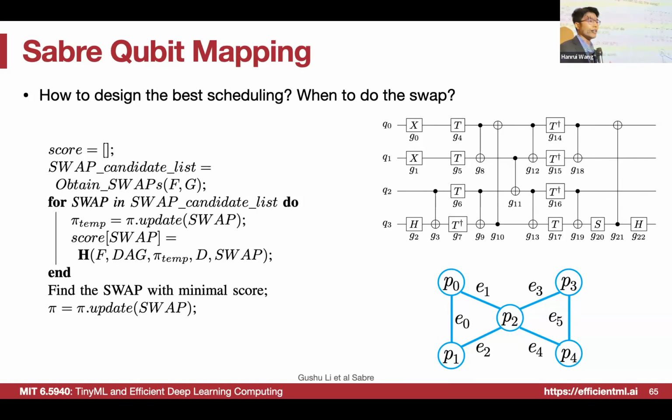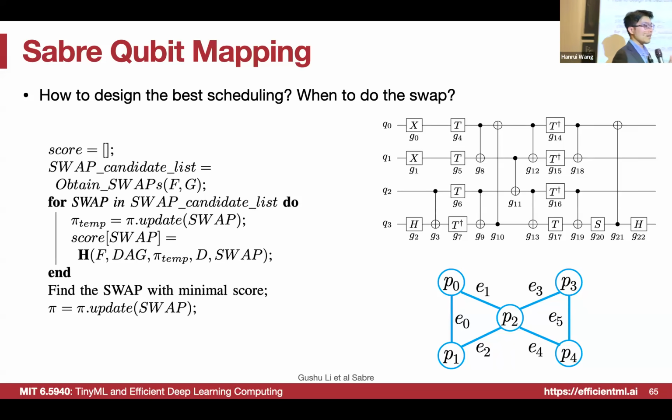We have 6 different candidates to do the swap, and then this SABRE algorithm will go through each of them, right? Say I apply this swap between 0 and 1, and then I update the qubit mapping with this swap, and then we compute a score for that swap.